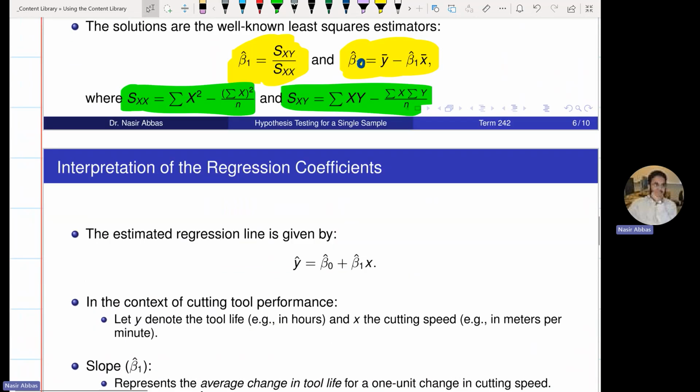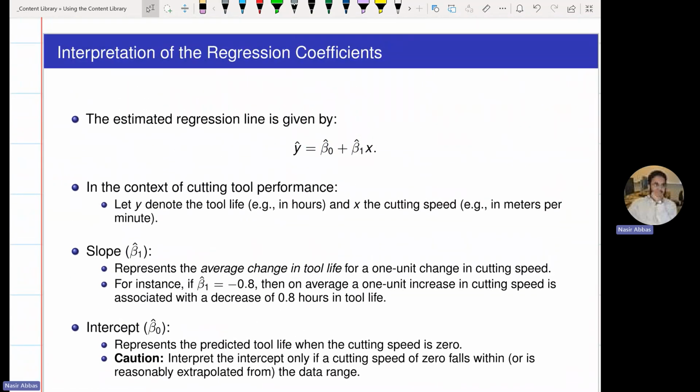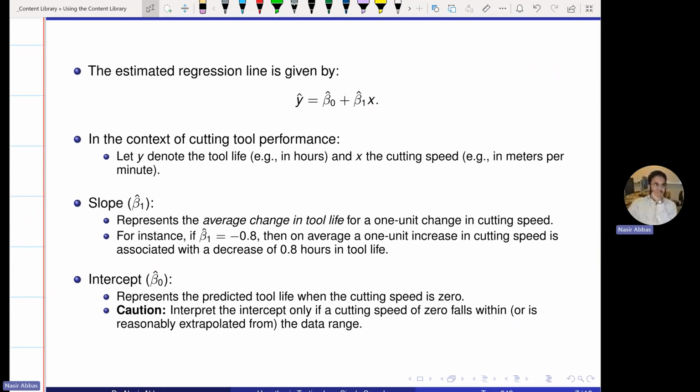The answer to that one: B naught is what? The intercept. And B1 is what? The slope. So in context of the example that you are already discussing, where y is the tool life and x is the cutting speed, beta 1 will represent the average change in y due to 1 unit change in x. So if the cutting speed goes up by 1 unit, the life comes down or up depending upon the sign of beta 1 hat.